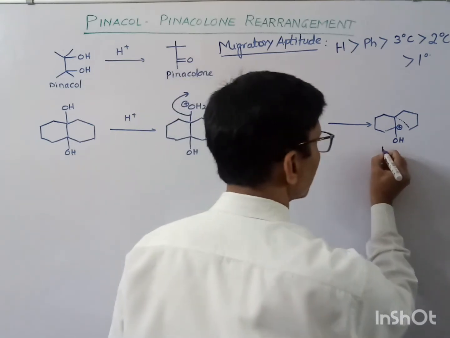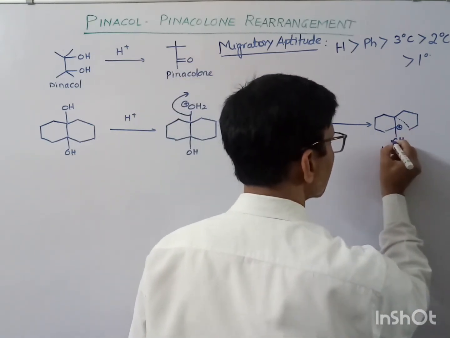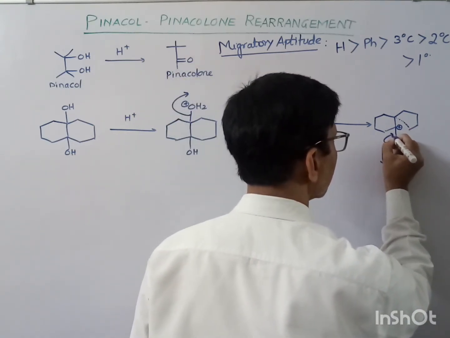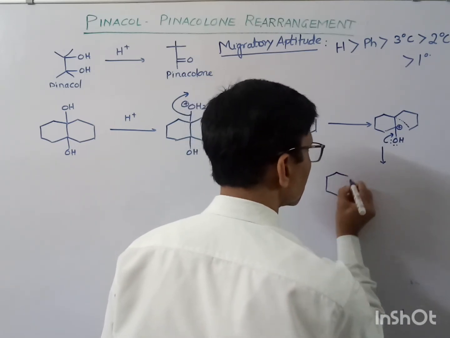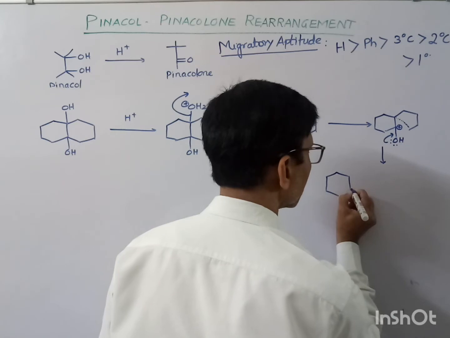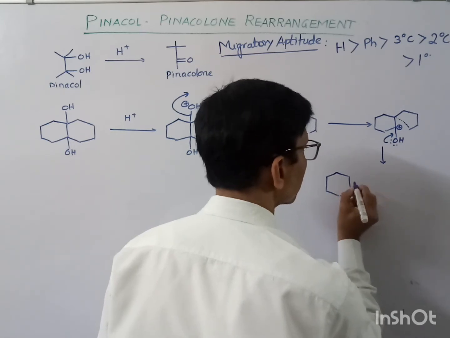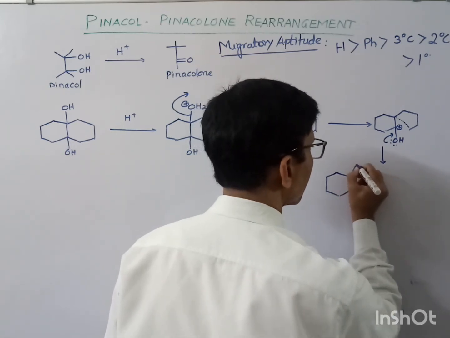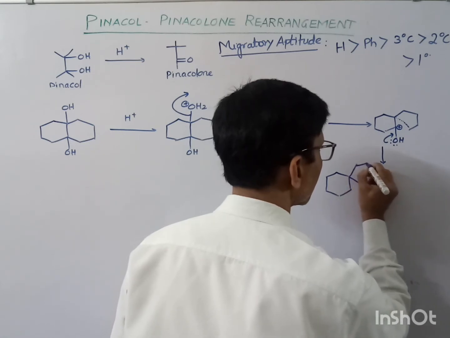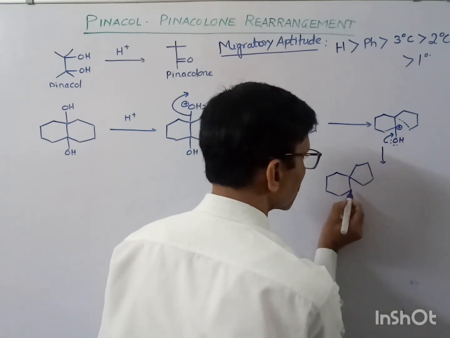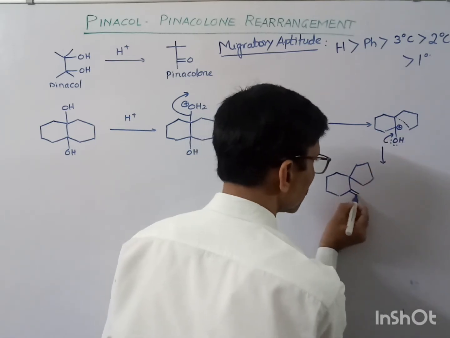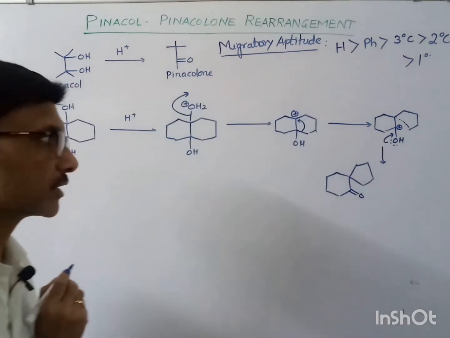So finally, this lone pair over oxygen will neutralize this positive charge, and we have the product. The product which is formed over here is, and the carbon oxygen double bond is present over here. So this should be the product.